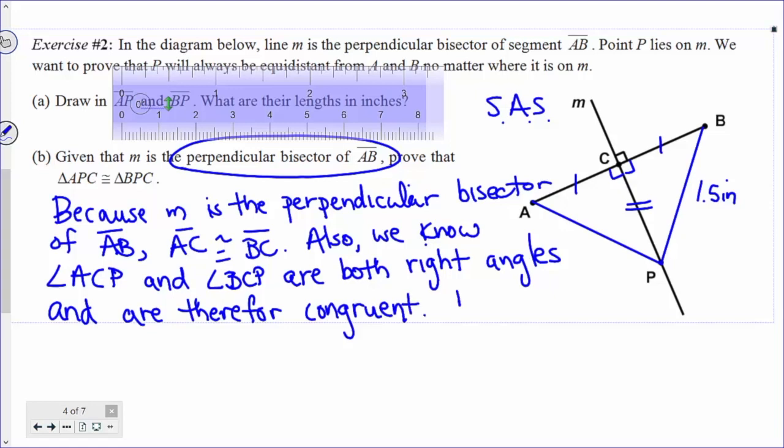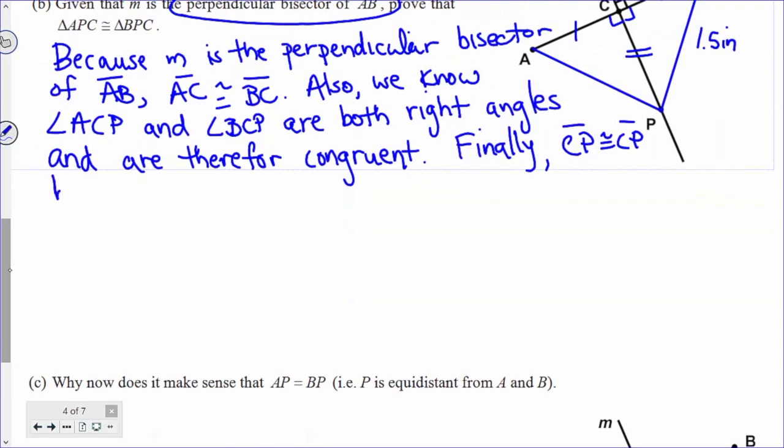Finally, CP is congruent to CP by the reflexive property.